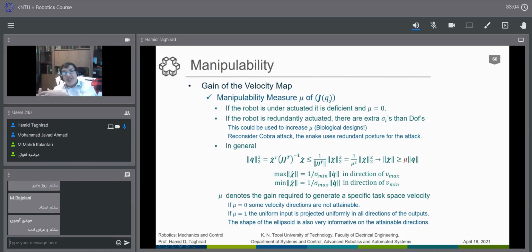In some particular motion poses, for example here, we have some eigenvalues, and in here we have something else. And if we have an extra sigma or an extra singular value in our system, or 1 degree of freedom more actuator in the system, we can increase the manipulability measure.